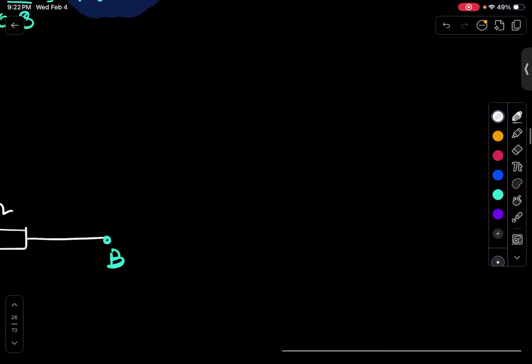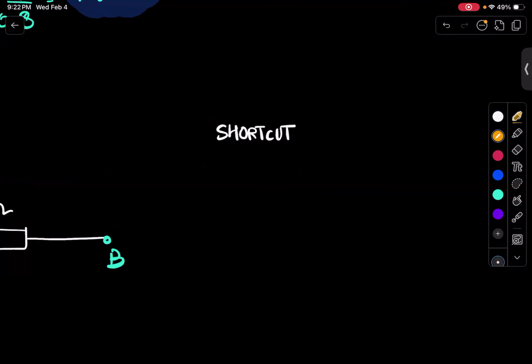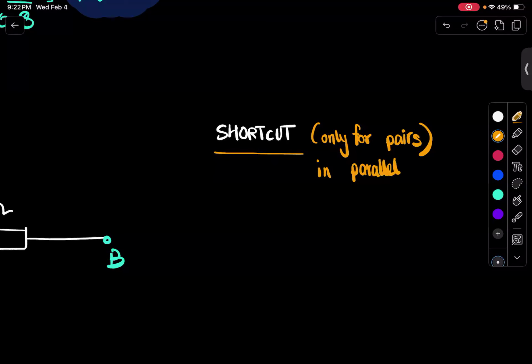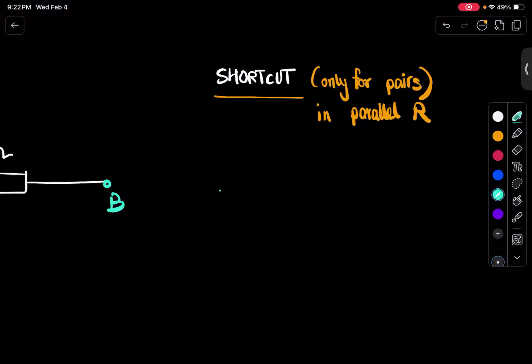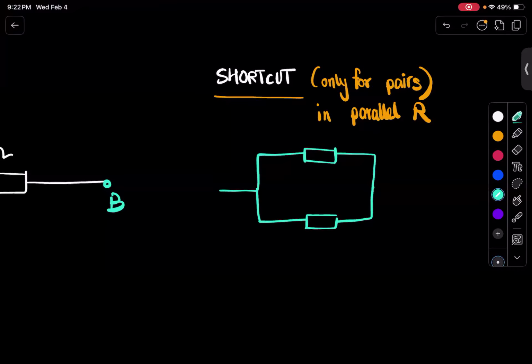Okay. The shortcut is, rather than doing such a complicated multiplication, this is only applicable for pairs, by the way. Only for pairs in parallel resistance. Okay. This is a very important shortcut. So for example, in a parallel combination, you have two resistors, R1 and R2, right?